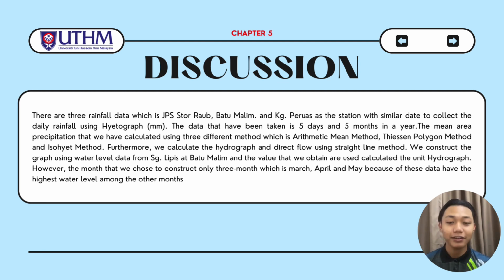The mean area precipitation was calculated using 3 different methods, which are the arithmetic mean method, Thiessen polygon method and isohyetal method. Furthermore, we calculate the hydrograph and direct flow using the straight line method. We construct the graph using water level data from Sungai Lipis at Batu Malim, and the values that we obtain are used to calculate the unit hydrograph.